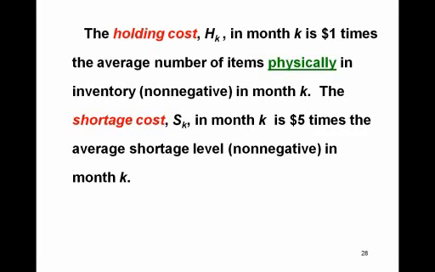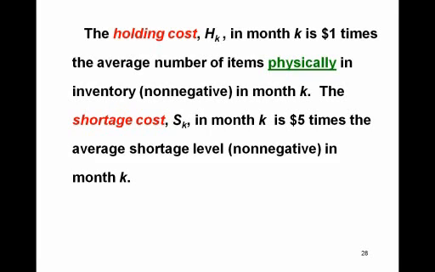So if in your warehouse you have 5 items, you have 5 items physically in your warehouse. If your inventory level is -2 because you owe customers 2 items, then your inventory level is physically 0. And so the holding cost in month k will be $1 times the average number of items physically in inventory.